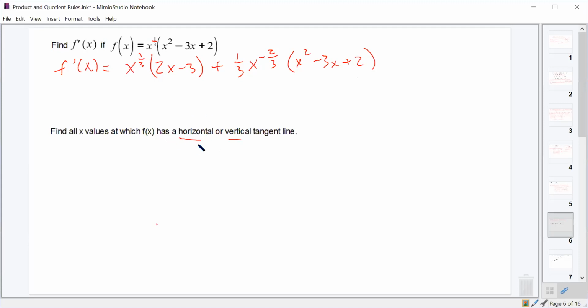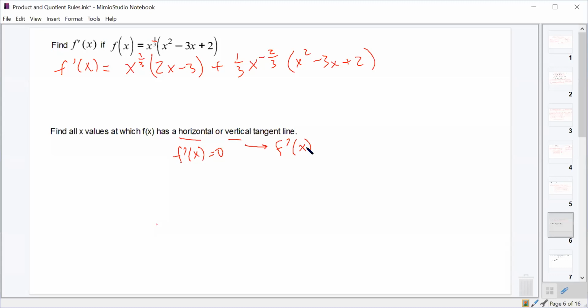So now we want to know, when does this function have horizontal or vertical tangent lines? Well, we've talked about horizontal tangent lines. That's when the derivative is equal to 0. But vertical tangent lines would be when the derivative is, what do you think? Maybe like infinity?